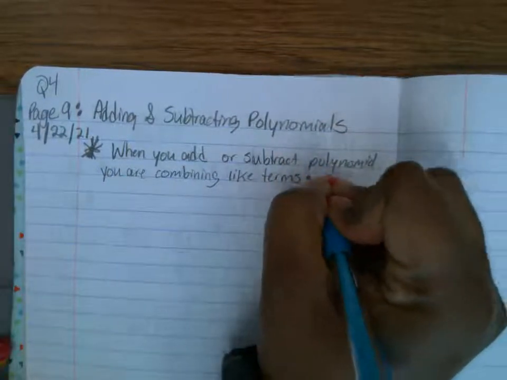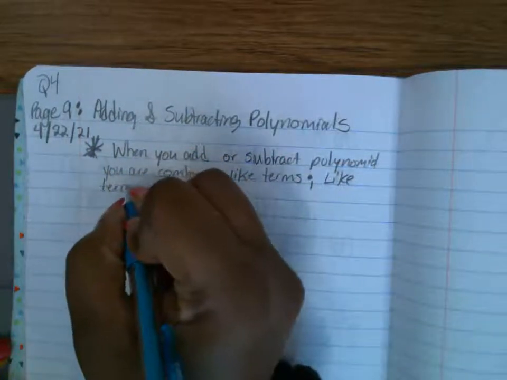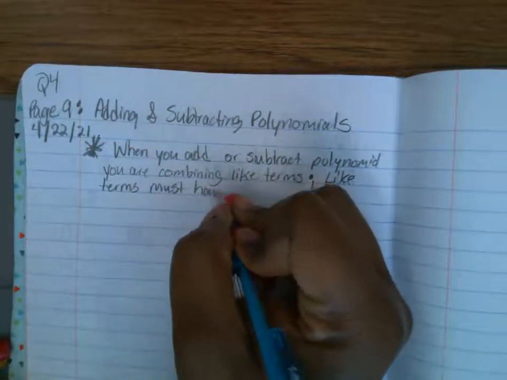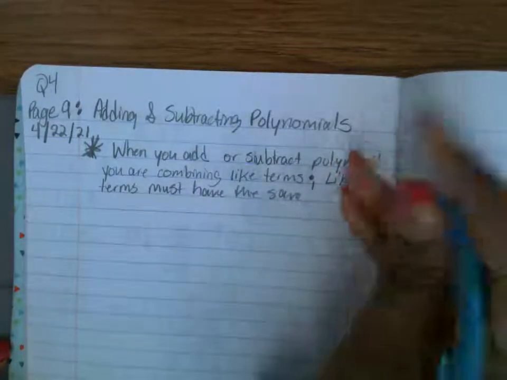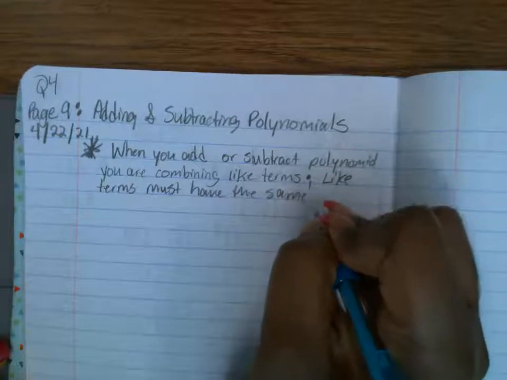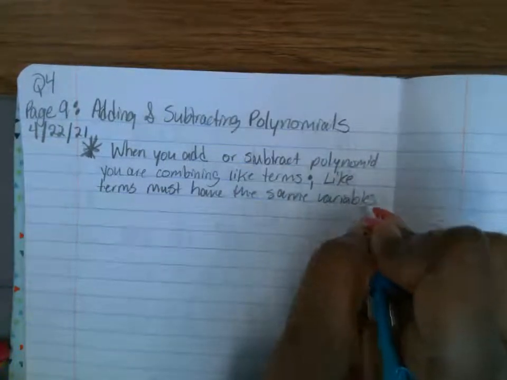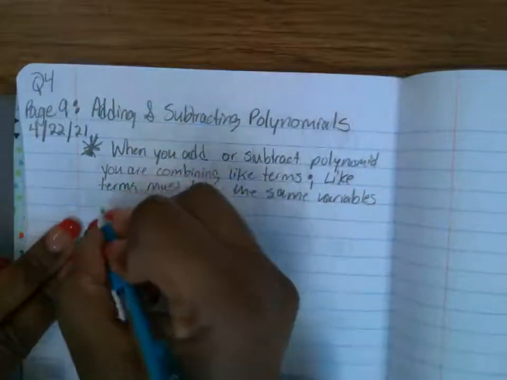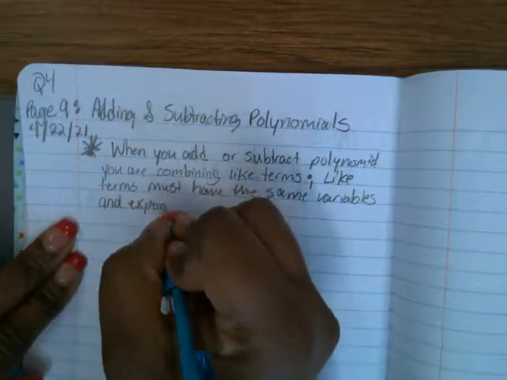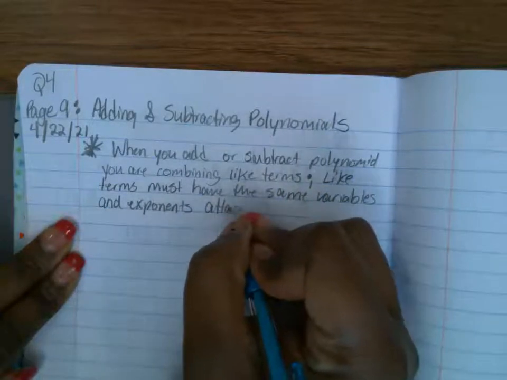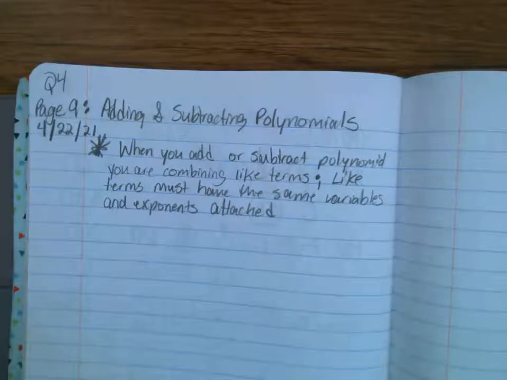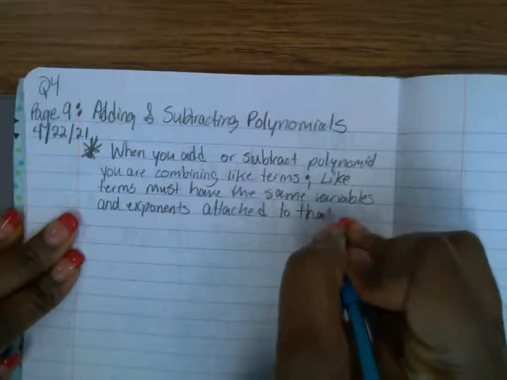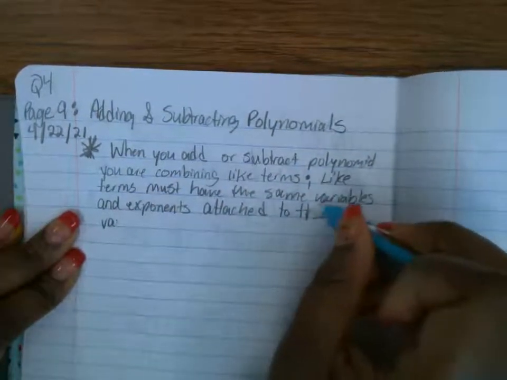So, semicolon, like terms must have the same variables and exponents attached to that variable, or to those, because all of them have to be the same.